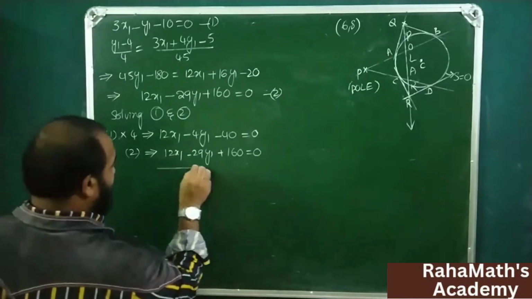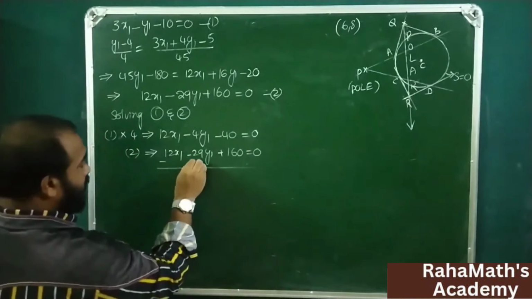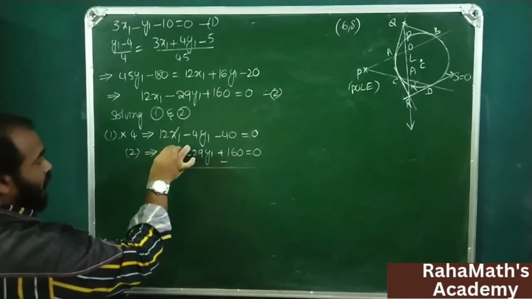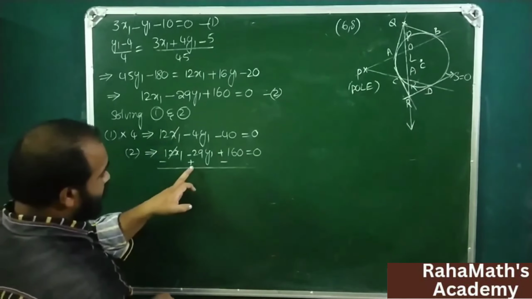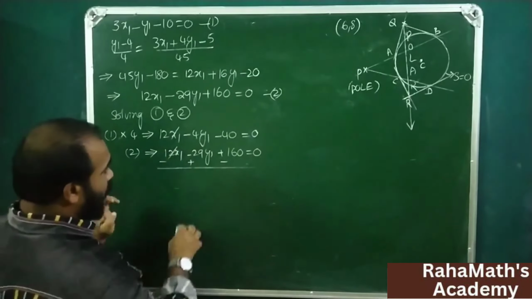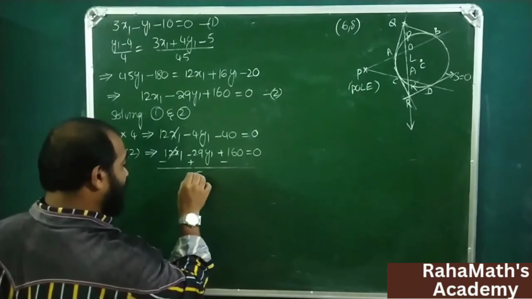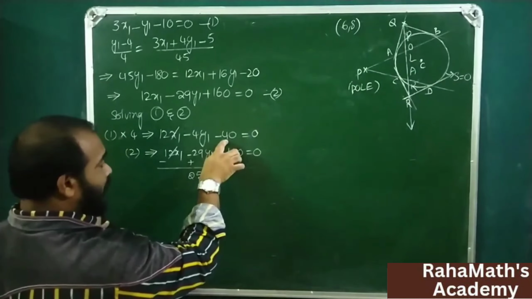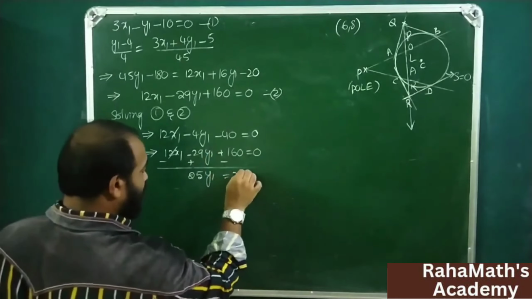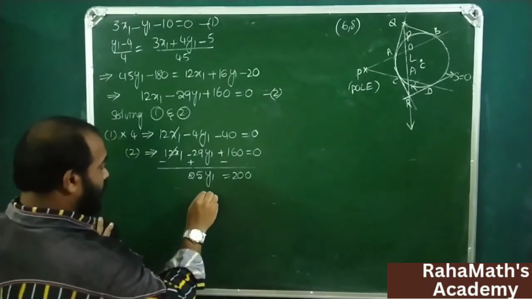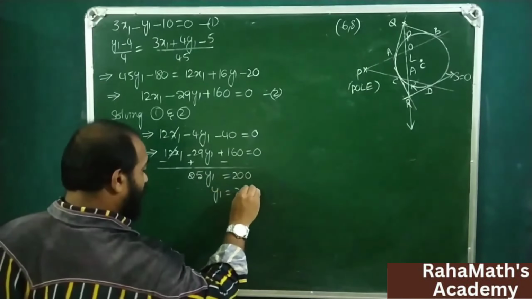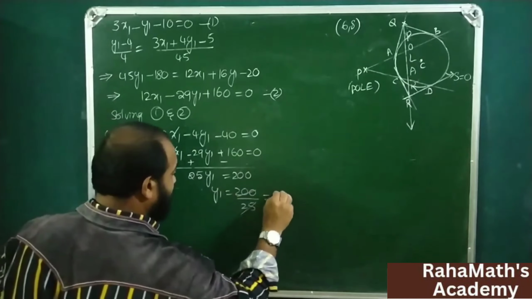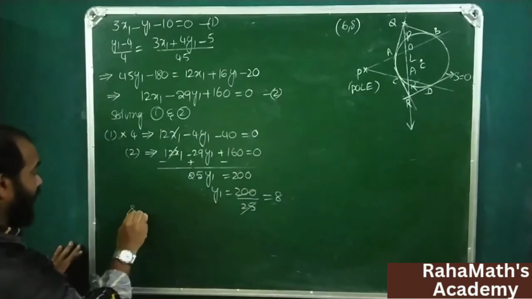So I am subtracting, minus plus minus. So 12x1 gets cancelled. Plus 29y1 minus 4y1 is plus 25y1, minus 160 minus 40 is minus 200, that equals plus 200. Therefore y1 equals 200 by 25, which is 8.